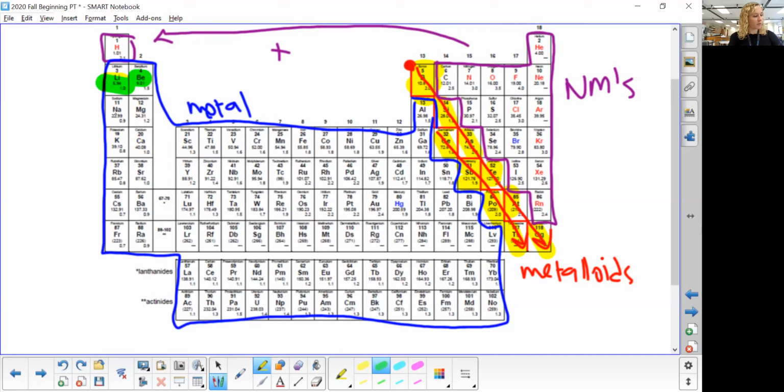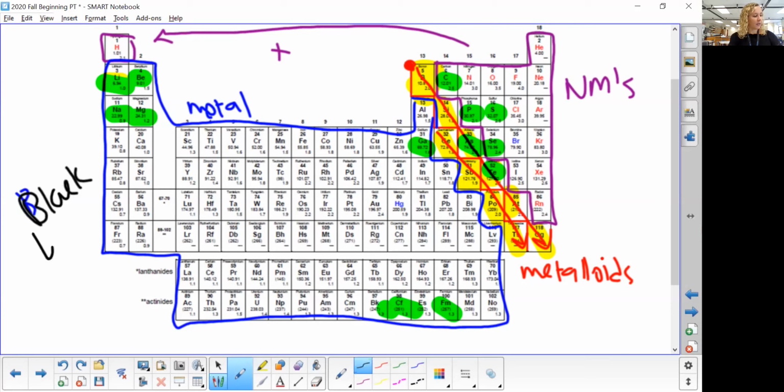Most elements with the black lettering, even if you're in the nonmetals or in your metalloids, are solids at room temperature. If it's in black lettering, it is a solid at room temperature. And you'll see me abbreviate room temperature as RT.